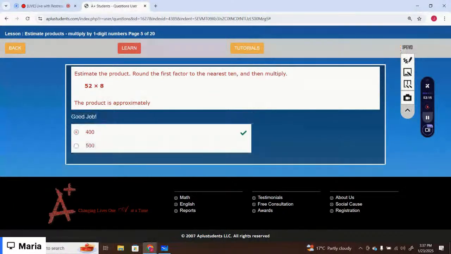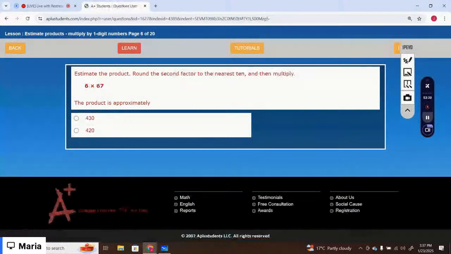Option number 1 is the correct option. 6 times 67. 67 is rounded to 70. That is 420.